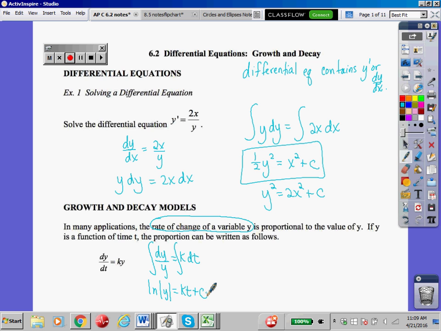I can, in fact, solve this for y. This is why in chapter 5, we went from logarithmic to exponential form and exponential to logarithmic form. And we went back and forth. The natural log is a log base e. So if I were to go from this logarithmic form to exponential, it's going to look like this. This is e to the kt plus c power equals y. Okay, and I want you to pause and really think about it.